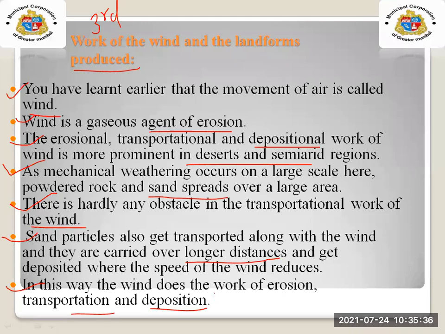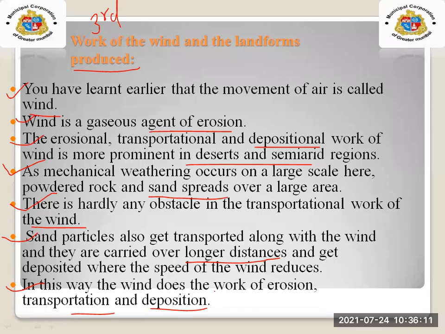See, just now we have seen that in the desert area there is no obstacle. If any obstacle is there in the desert area, then the sand particles which are transported along with the wind and carried for a longer distance will get deposited there, and the wind speed will start reducing.